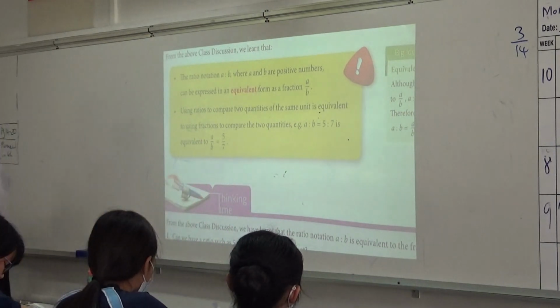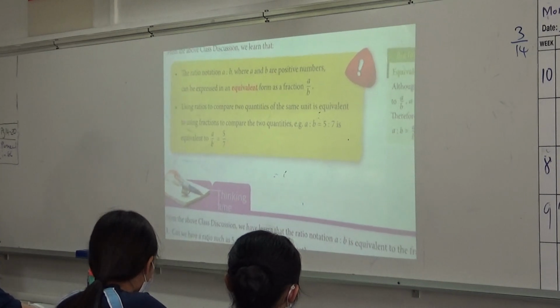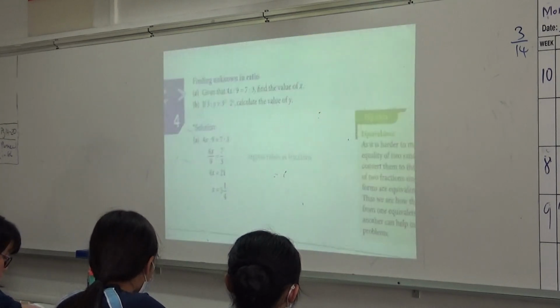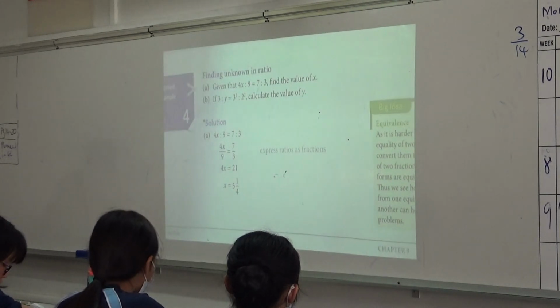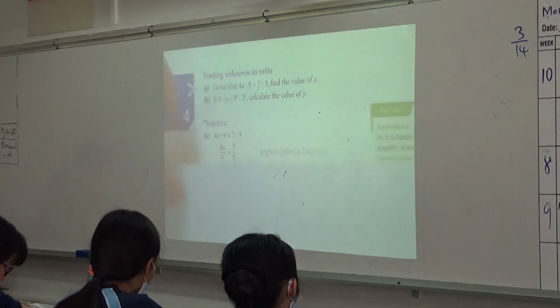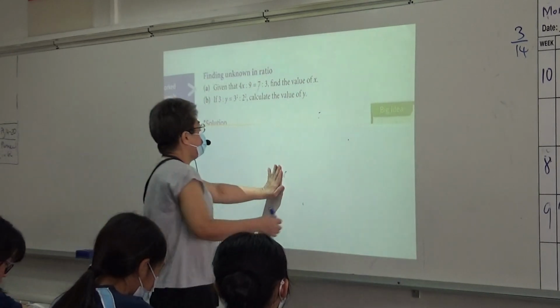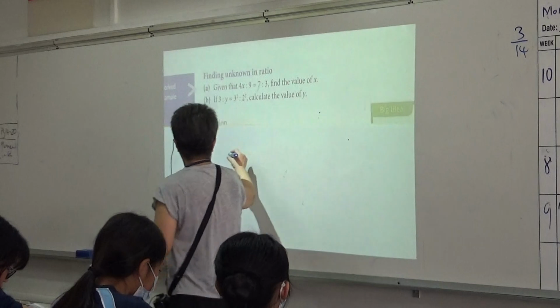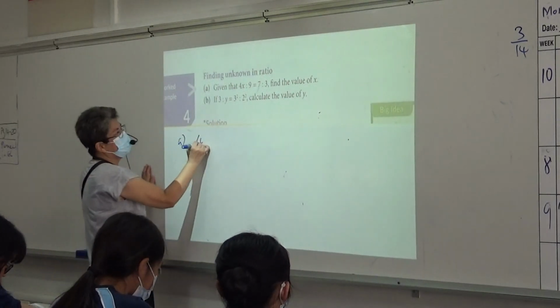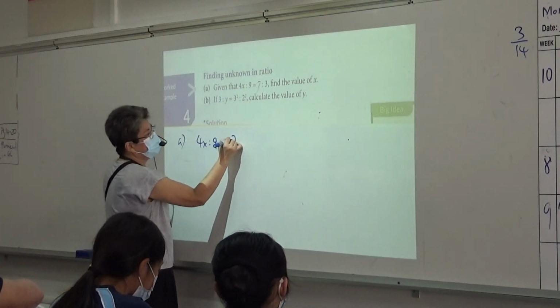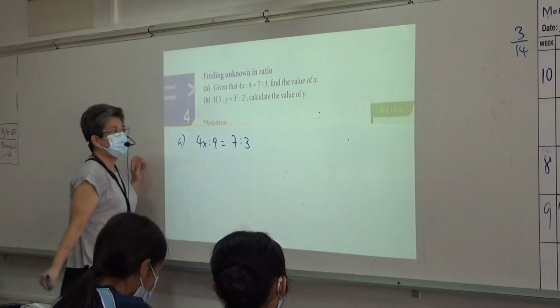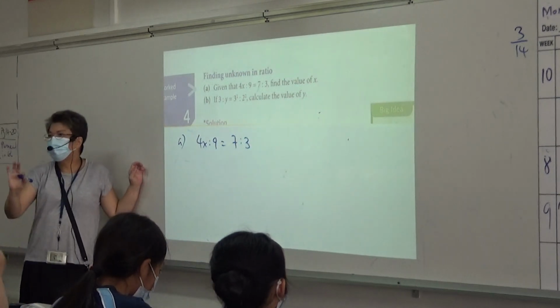Alright. Now, we are going on to example 4, which is rather difficult. I want all of you to take note here. Given that 4x is to 9 is equal to 7 is to 3, find the value of x. Don't try to solve it like that.